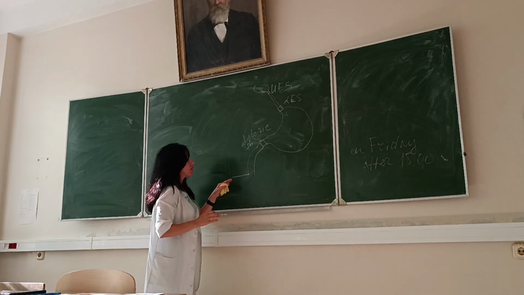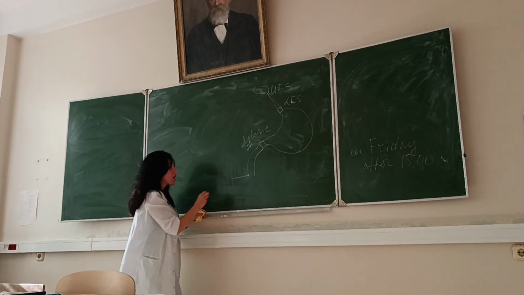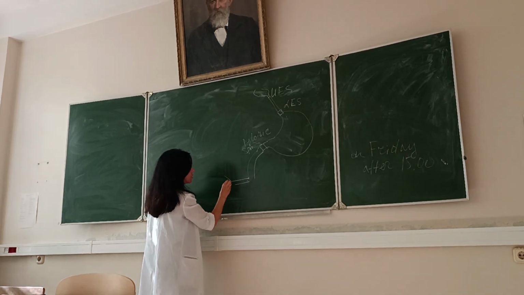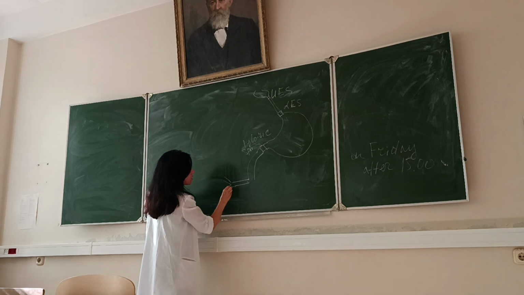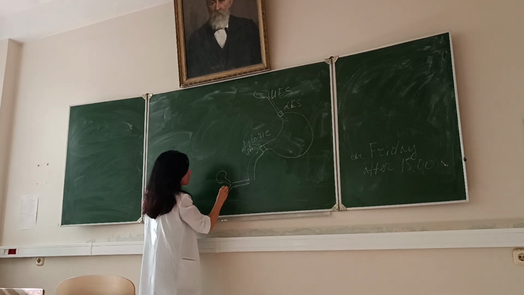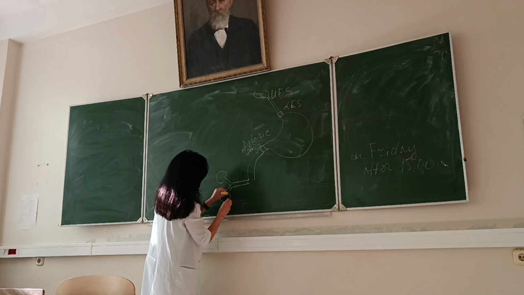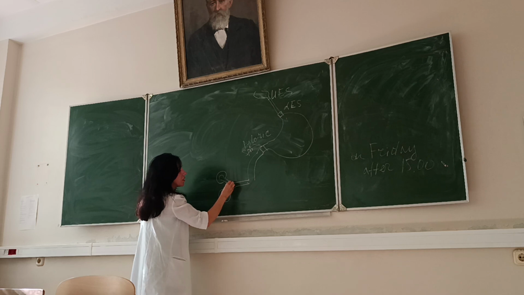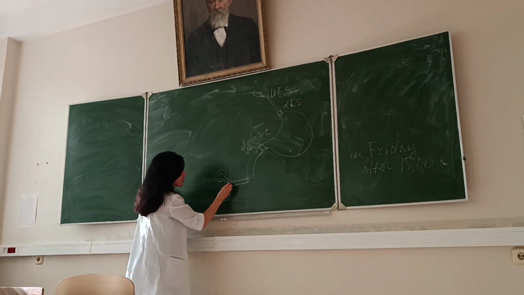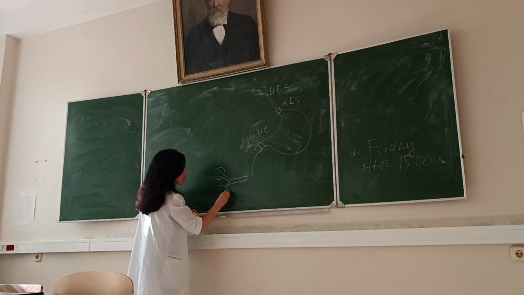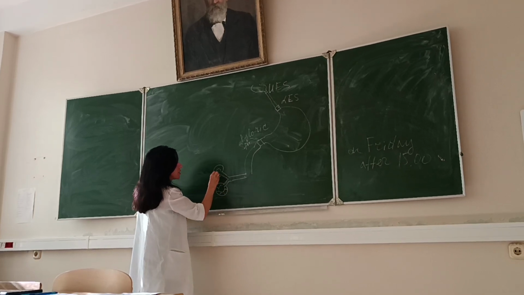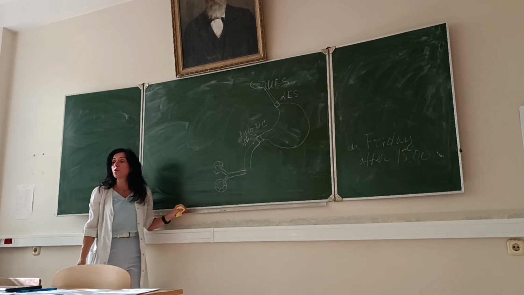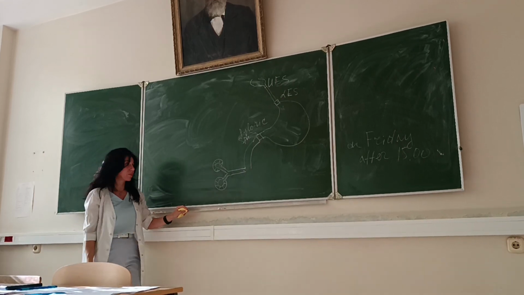So now I draw a simple scheme of exocrine part, duct, and small ducts, ending with acinar cell, similar to salivary glands, the same principle. Acinar pancreatic cell and ductal cell or duct cell both produce pancreatic juice.